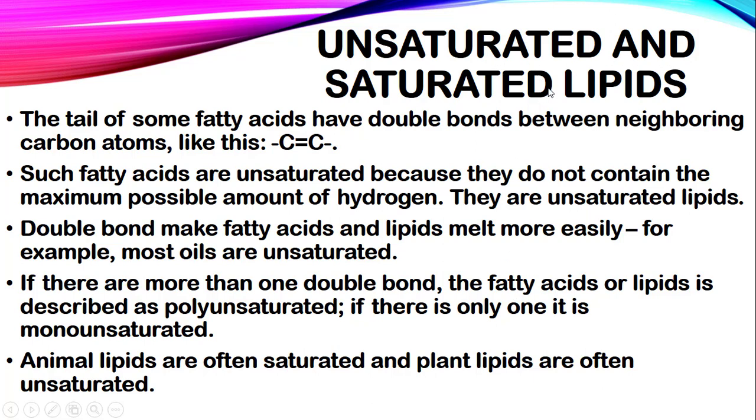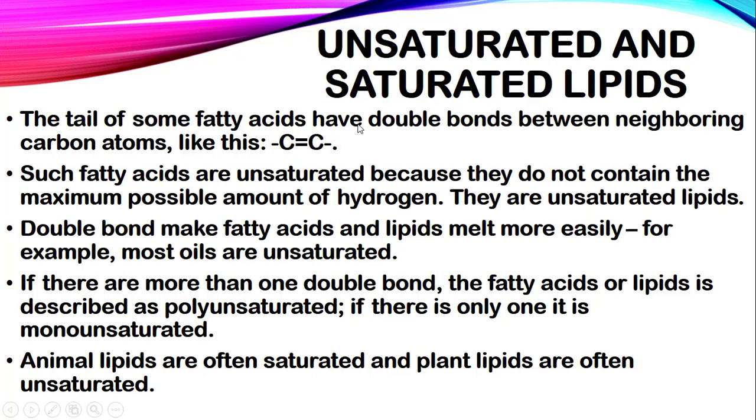Now, saturated and unsaturated, we described them in the previous slide. Saturated molecules are so said because there is a single covalent bond between carbon and carbon. Unsaturated is one that has at least one double or triple bond between carbon and carbon.